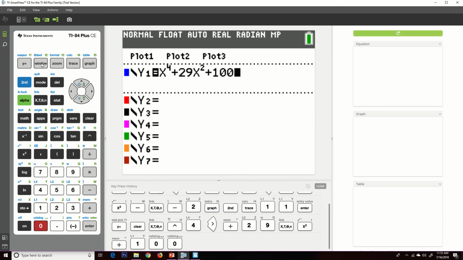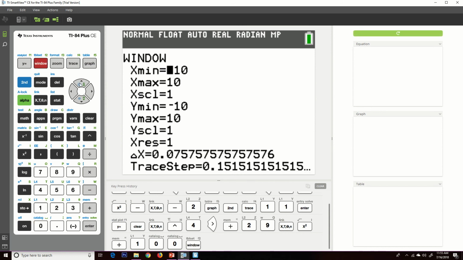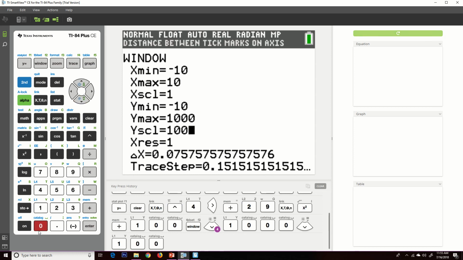So if I open my window here, I'm clearly going to have to make my x maximum or my y maximum way bigger. And so let's just make it 1,000. Why not? And then if we go by hundreds, that first tick mark will be the y-intercept.